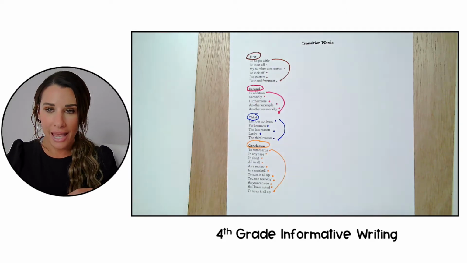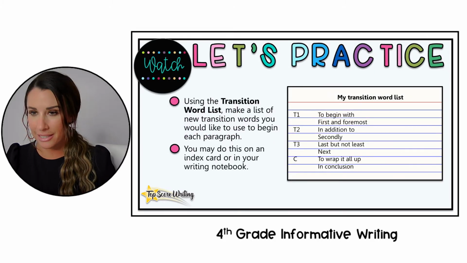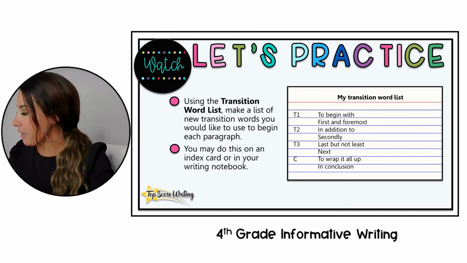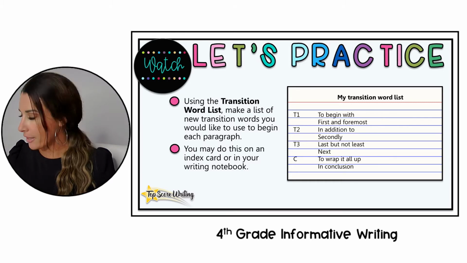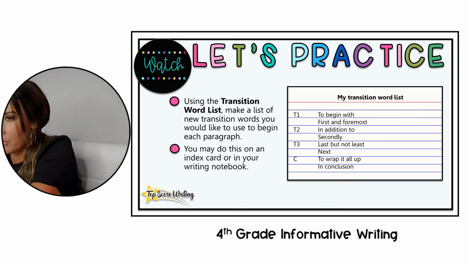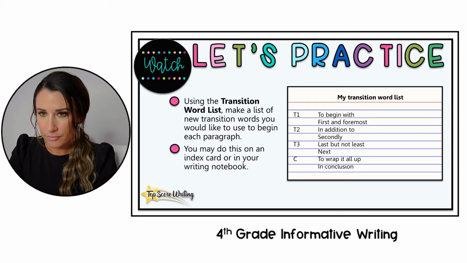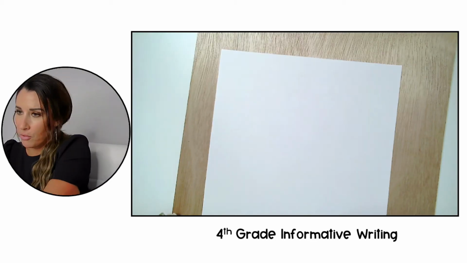Now, today, I want you to create your own transition word list. You can make it on a note card or an index card like this, or just somewhere in your writing notebook. Now, I'm going to show you exactly how I want you to do this. I want you to take your paper or your index card.